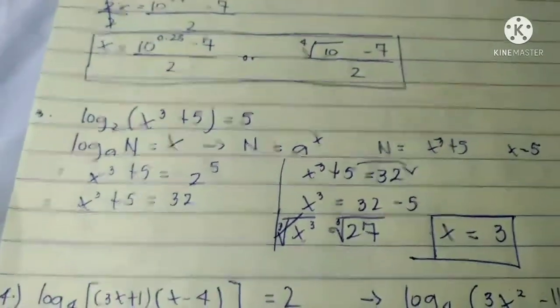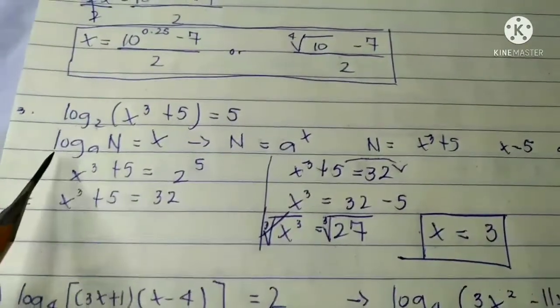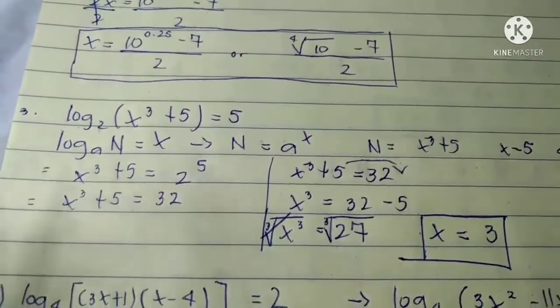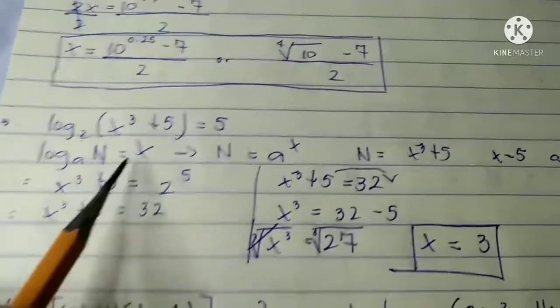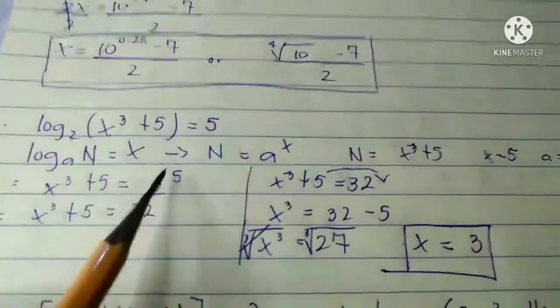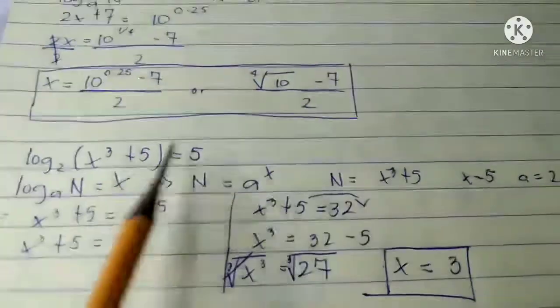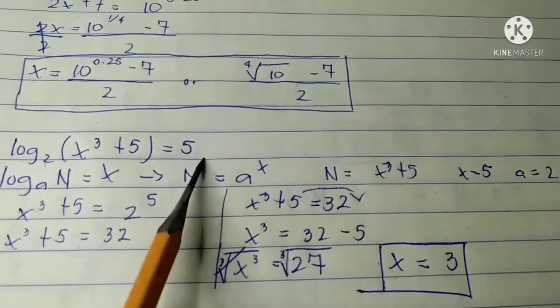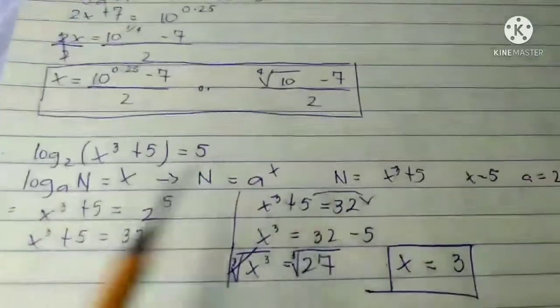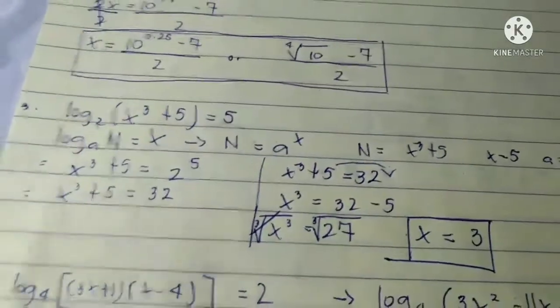Number 3, we have log base 2 of the quantity x cubed plus 5 is equal to 5. To solve this, we follow the equation log base a of n is equal to x, which becomes n is equal to a raised to x. So our n is x cubed plus 5, our x is 5, and our a is 2, because it is the base.